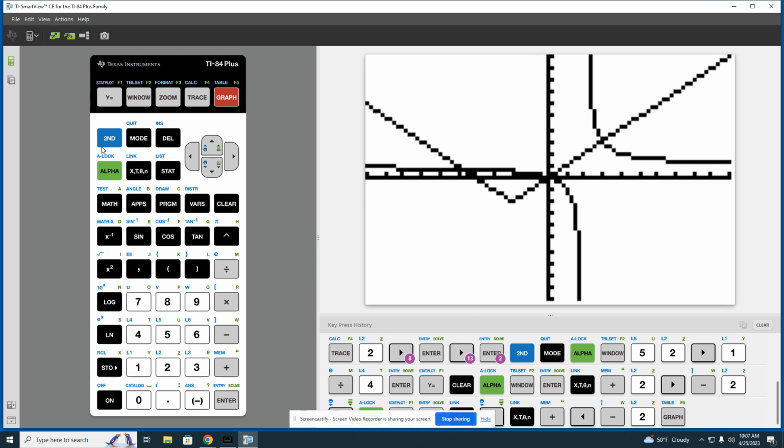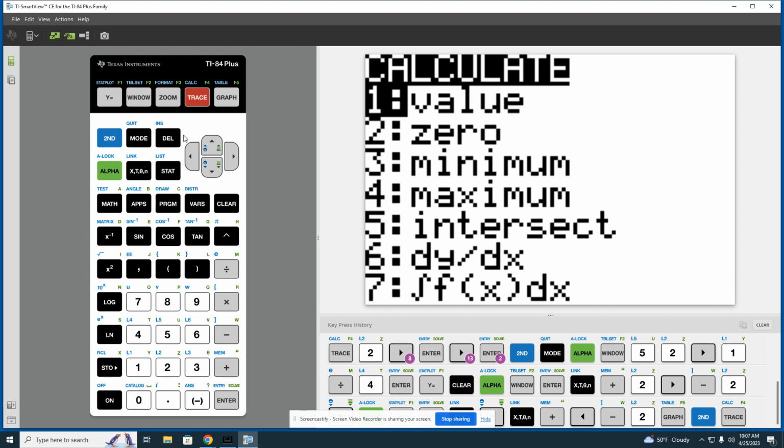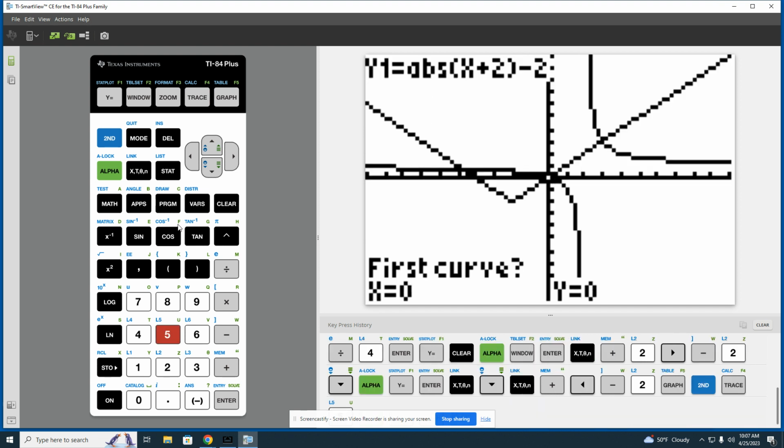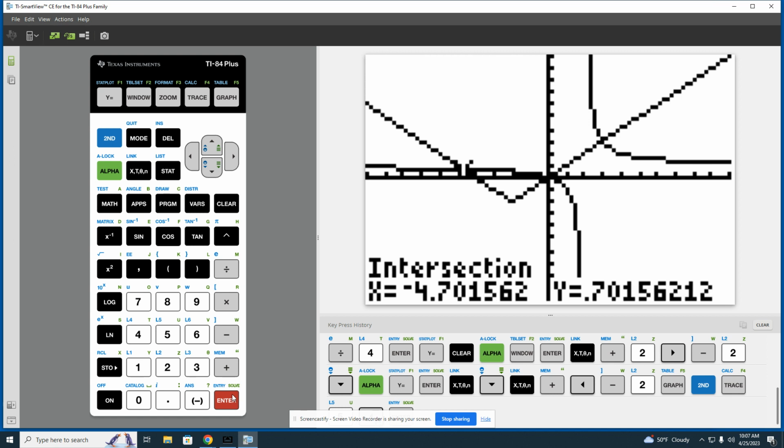So look, I want to find those 3 locations where they cross. So where do we say you go? Second trace. And number 5, intersect. Now go close to these points. So let me start over here on the left. And we're going to push enter 1, 2, 3 times.